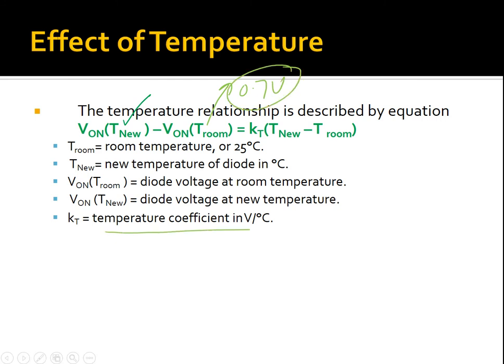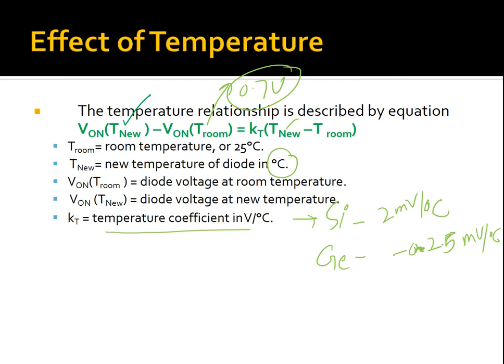The typical value for silicon is minus 2 millivolts per degree centigrade, and for germanium this value is minus 2.5 millivolts per degree centigrade. So this is the temperature coefficient.